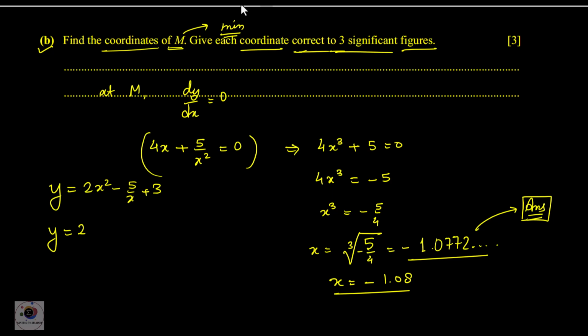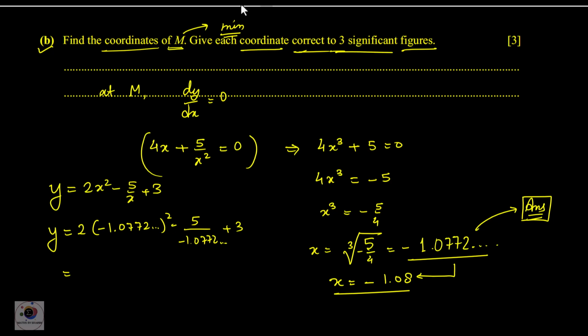But here, for just writing, I am taking the initial value, not the corrected value, so I'll write negative 1.0772 whole squared minus 5 over negative 1.0772 plus 3. Solving it on the calculator is very easy, because we are just replacing x with the answer key.